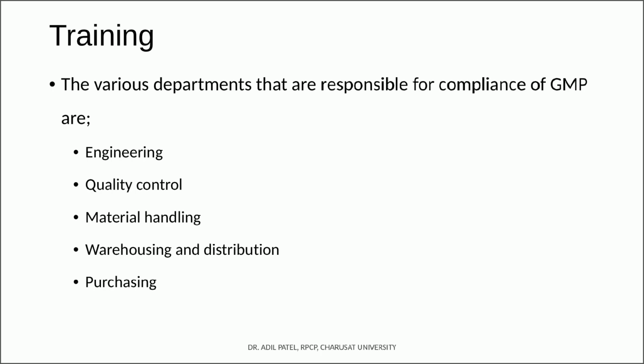You should provide them basic engineering training, quality control related training, and material handling. You can make them familiar with the material handling techniques. You can make them familiar with how things are working in the warehouse and how distribution of pharmaceutical product takes place, and also you can train them for purchasing.